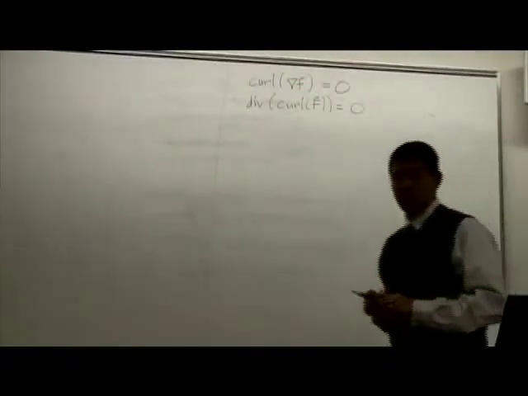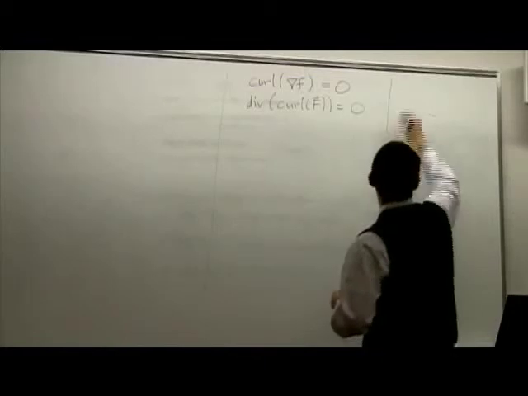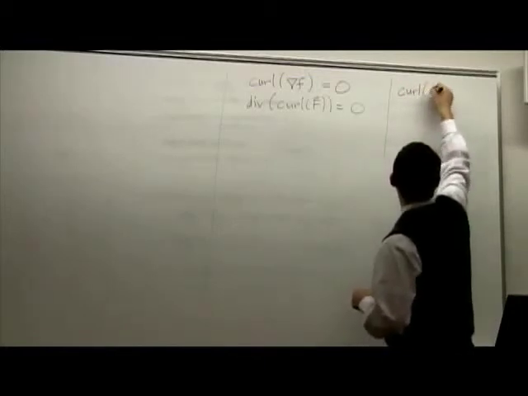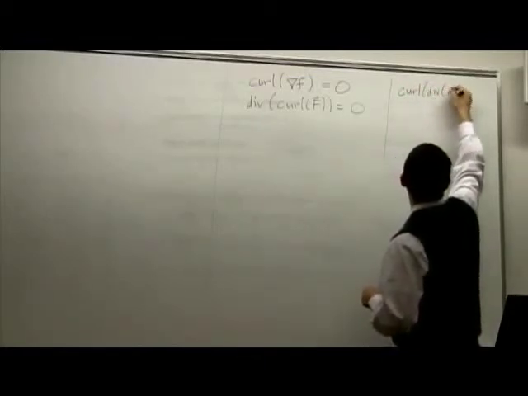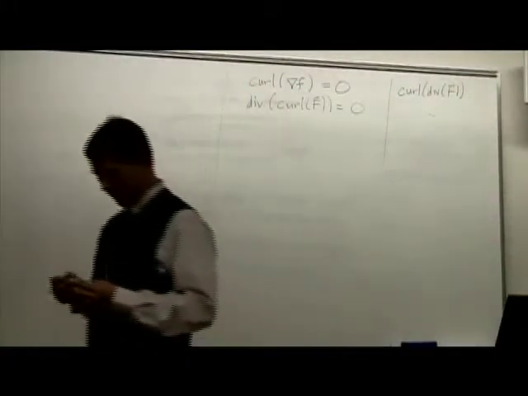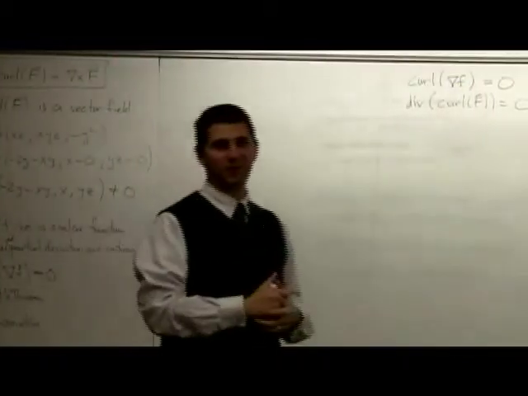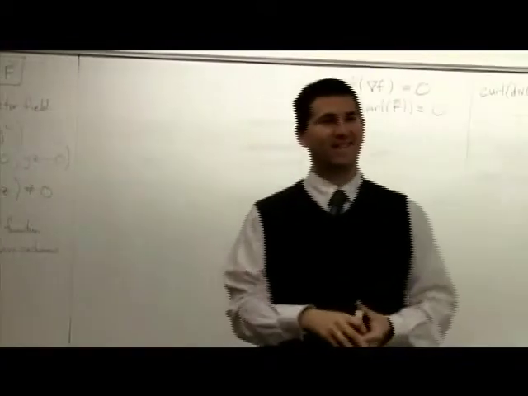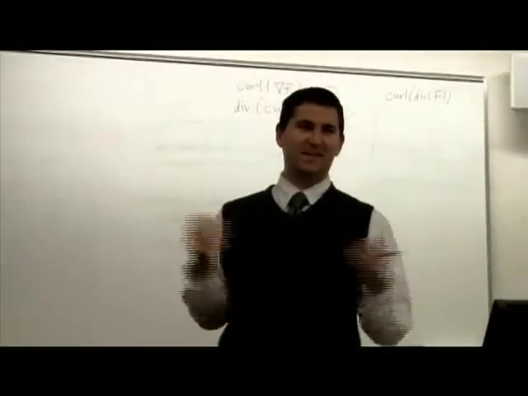Good question. Does the same thing happen if you have curl of the divergence? So, if I asked you this question, it would be a trick question. But you asking me this question is not a trick question, because you're the student and you don't know better. So that's a hint as to what the answer is.